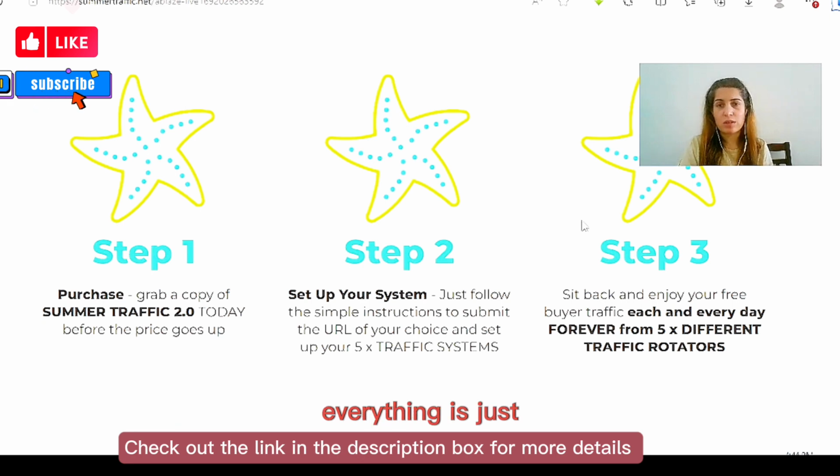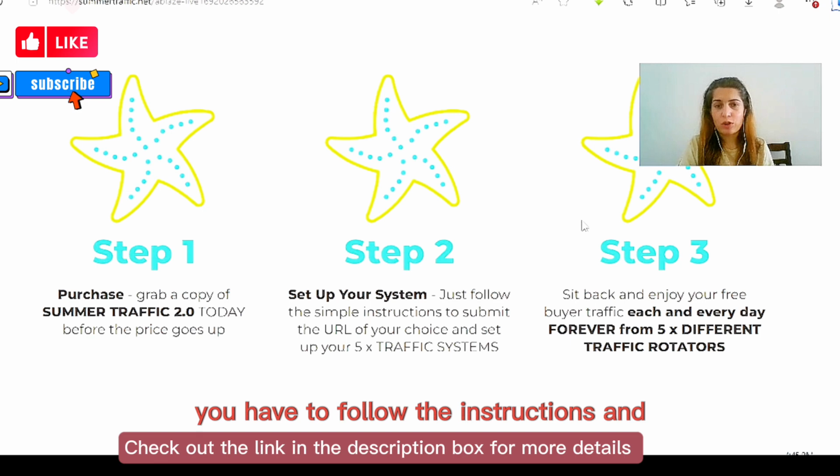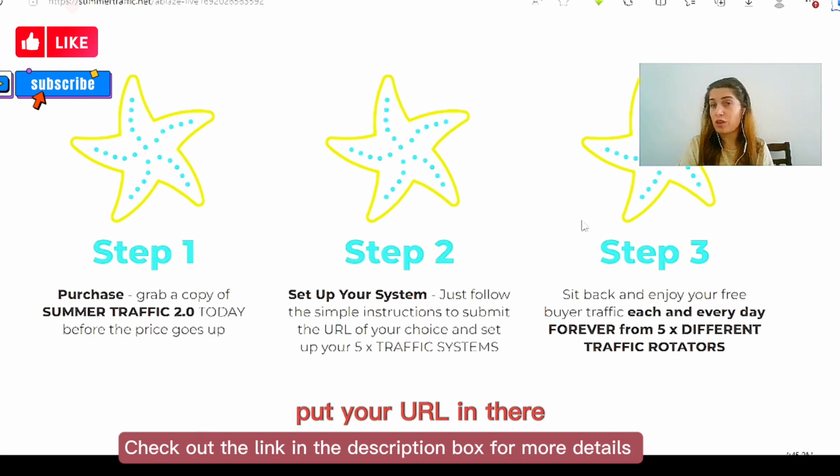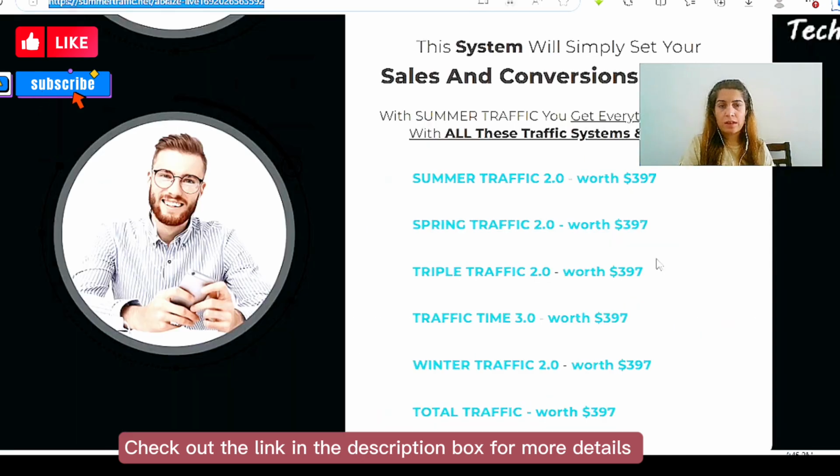Everything is friendly. You follow the instructions and put your URL in there, and then the next step is done by the system itself. These rotators are all worth $397 each, and you're going to get them for only $12.95. Isn't it a free giveaway, I must say?